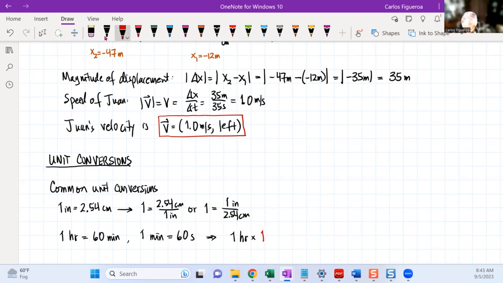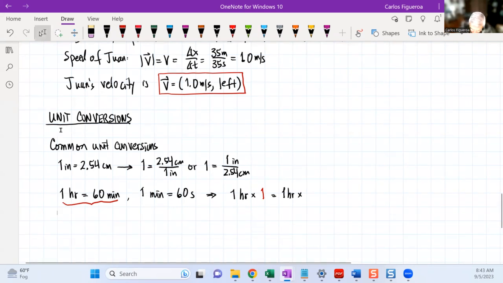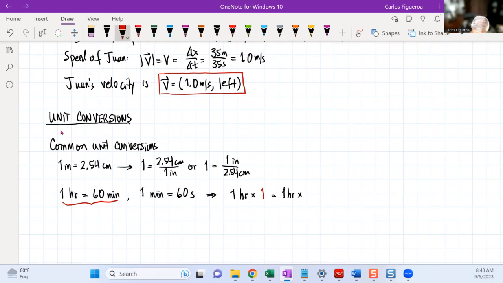In this case, I want to convert hours into minutes. So I could write this as 1 hour times, now if I take this quantity and readjust it, I want to put the hours in the denominator.